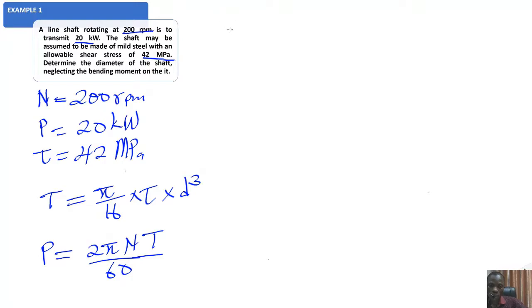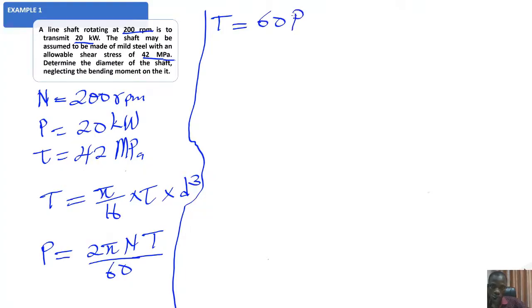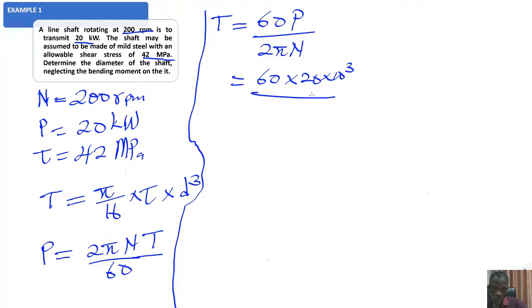So here T will be equal to 60P divided by 2 pi N. And if you put in the values here, 60 times 20 times 10 exponent 3 divided by 2 pi times 200 RPM.